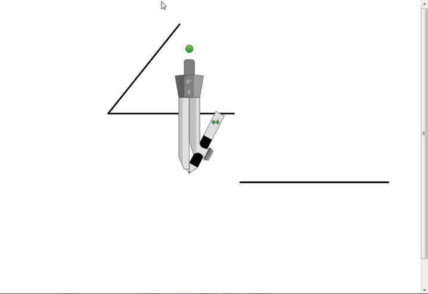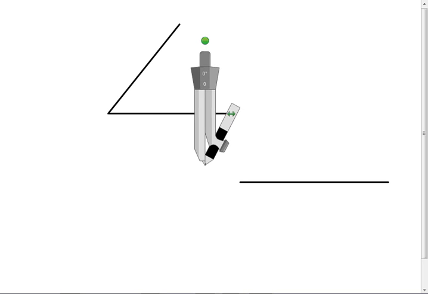I'm going to copy this angle. Okay, to do this, I must have another line of some sort. I think copying an angle is harder than the bisecting one, honestly. Okay, guess what?